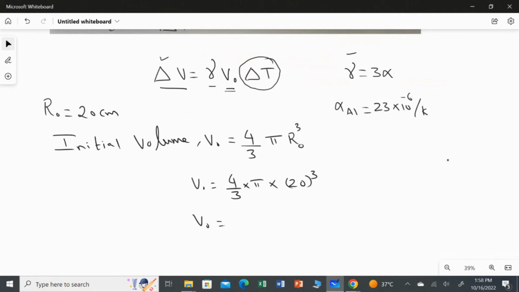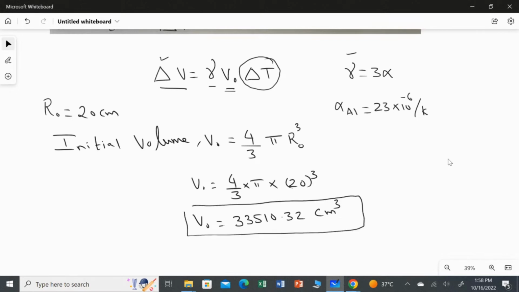So first of all, we have to find the value of the initial volume. So 4 over 3 multiplied by pi multiplied by 20 cube. I got the answer as 33510.32 centimeter cube. So this is the value for the initial volume.